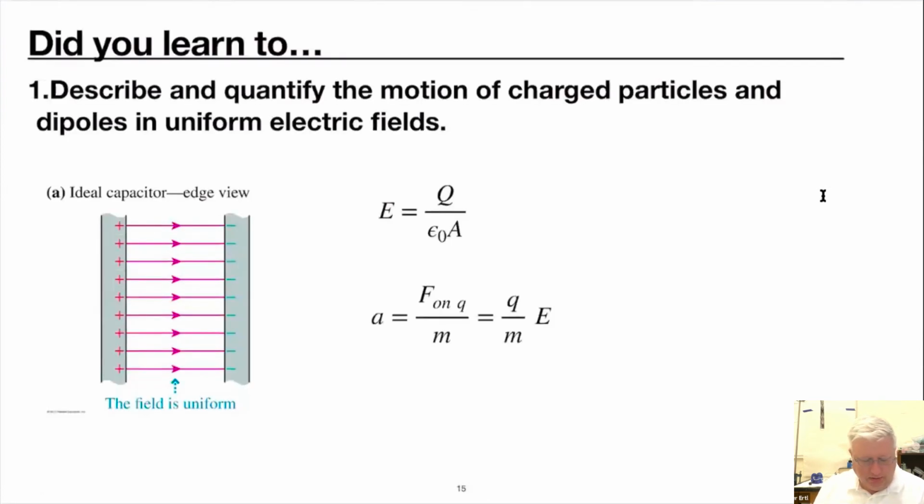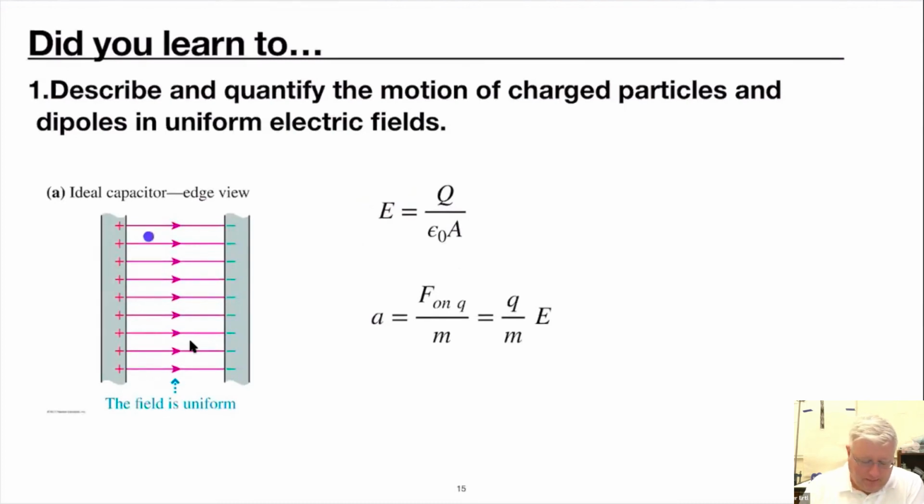Did you learn to describe and quantify the motion of charged particles and dipoles in uniform electric fields? We learned about this important thing called a parallel plate capacitor, which creates a uniform electric field. The field lines point from the positive plate toward the negative plate. We learned how to find the electric field strength inside a parallel plate capacitor.